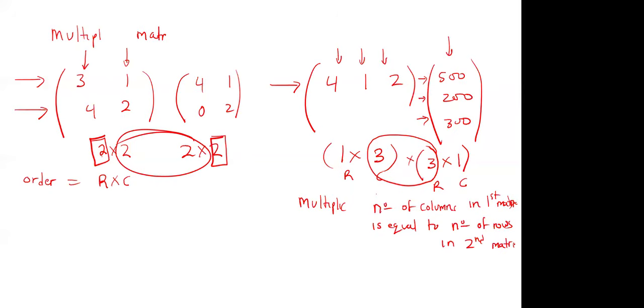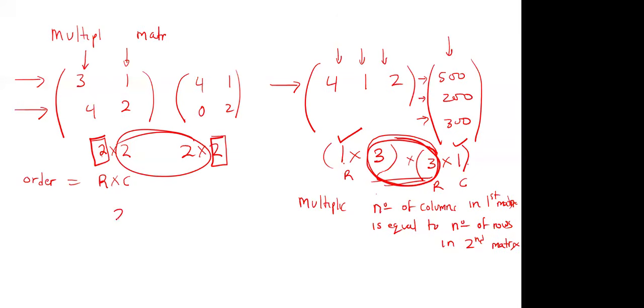For you to find out whether you can multiply, always look at that. The moment you write your order, look at those two things. Then to know the resulting matrix, always look at what is remaining, the rows and the columns. That is what determines it.